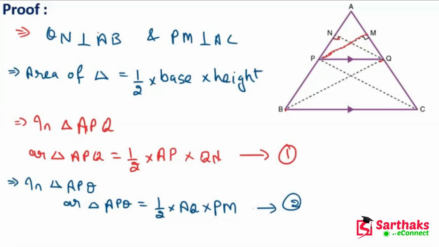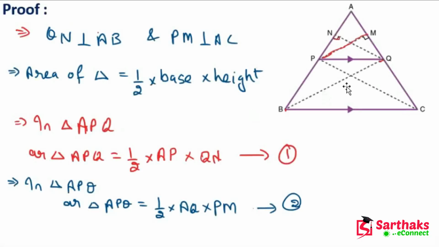Now let's move on. Again, in this case we are taking the triangle PBQ. Here the base is PB and the height will be QN. I hope you get this point.